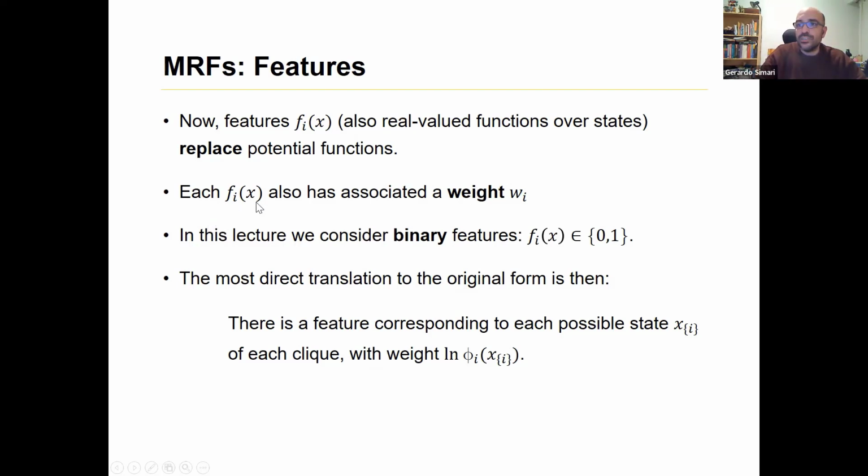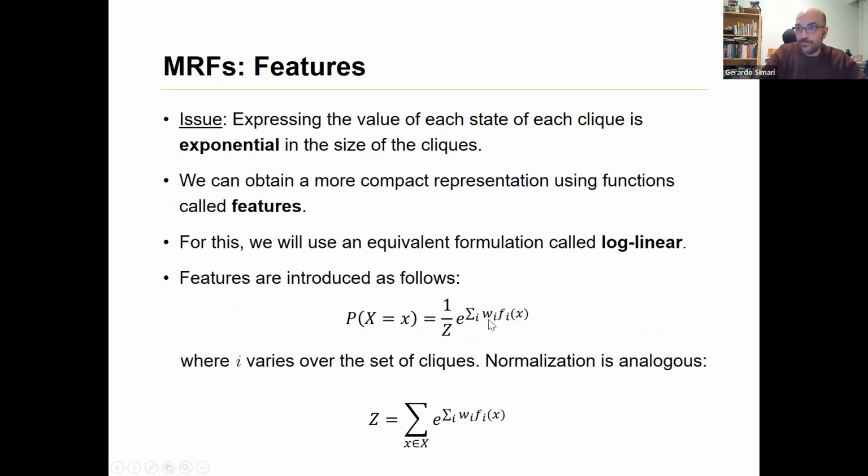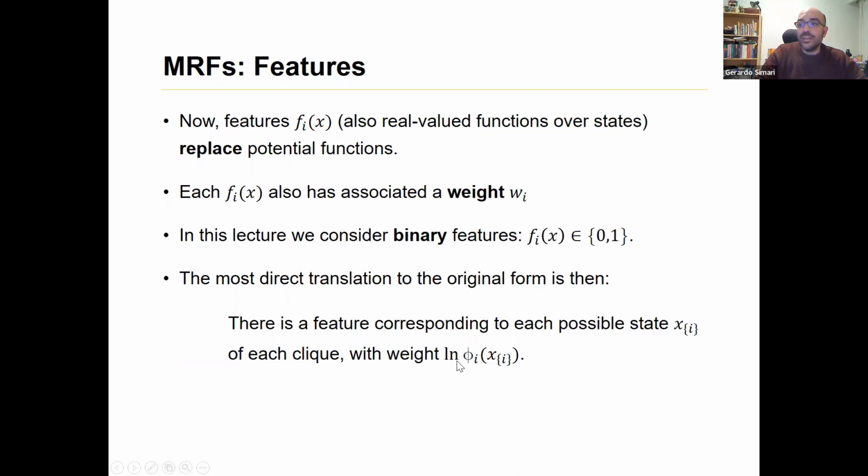Each feature will have an associated weight as well, and that's where this W came in. The most direct translation from the original form that we saw at the beginning would be that there is a feature corresponding to each possible state, with the weight just being the logarithm of the potential function.